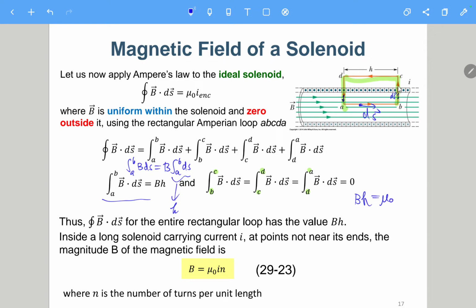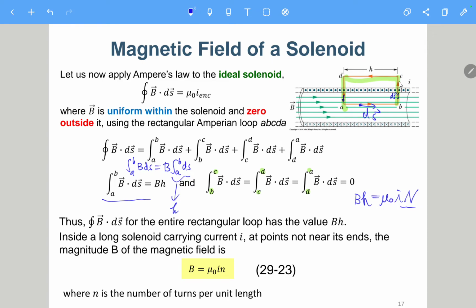So we need to know how much current there is. In that case, we don't really know. So at the very beginning, let's try to write it as we have altogether capital N turns within this length.